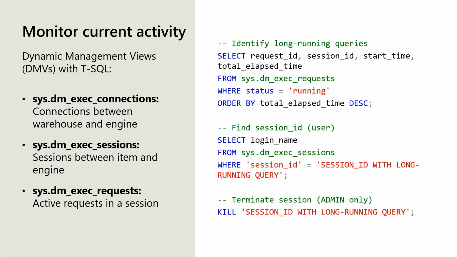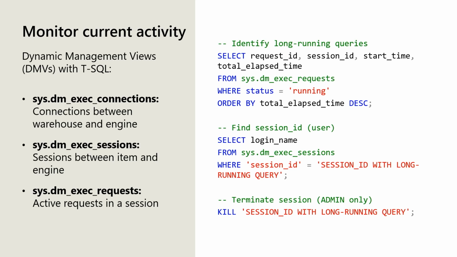You also have your sys.dm_exec_sessions, which returns information about each session authenticated between item and engine. And the sys.dm_exec_requests, which returns information about each active request in a session. Please note that you must be a workspace admin to run the kill command.